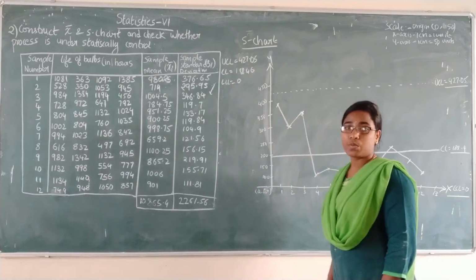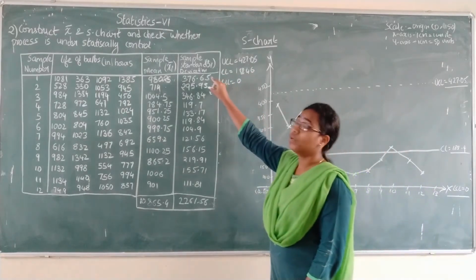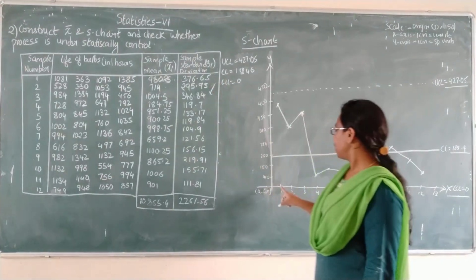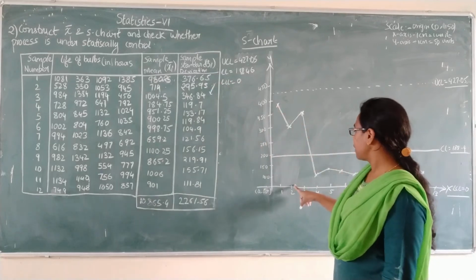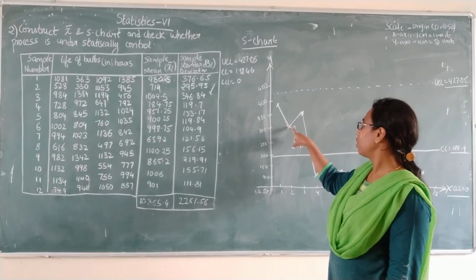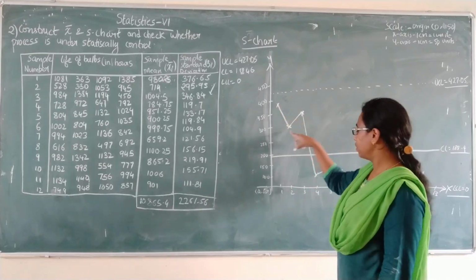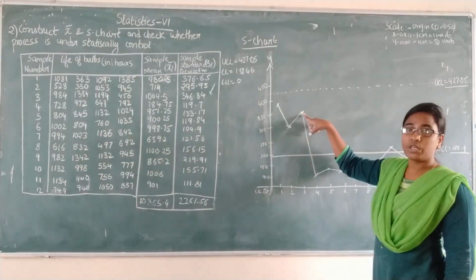Now plot the sample values on the xy plane. First, coming to the first sample, what is the value? 376. So it is near to 400, right? So plot 376 here, and the second value is 295, that is near to 300. Plot the value and join those two values. Similarly, the third value is 346, near to 350.